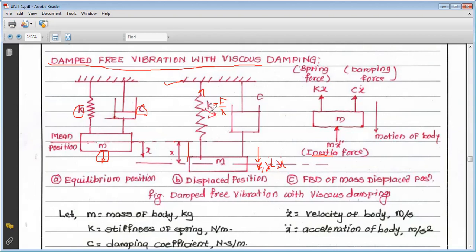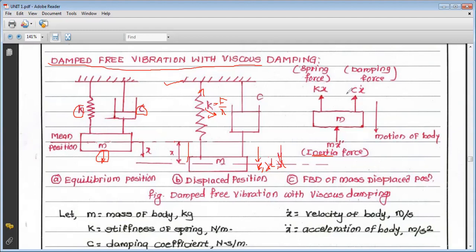The spring force kx is resisting, and its direction is opposite to the displacement. Displacement is in downward side, so the spring force is in upward side.